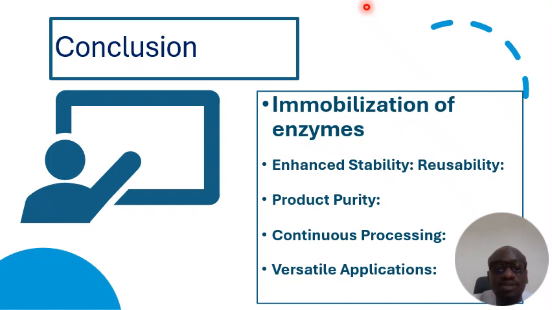This process offers several advantages over natural enzymes. They have improved thermal stability and pH stability, they reduce contamination of the final product, they have the ability to operate in a continuous flow system, and they are reusable.